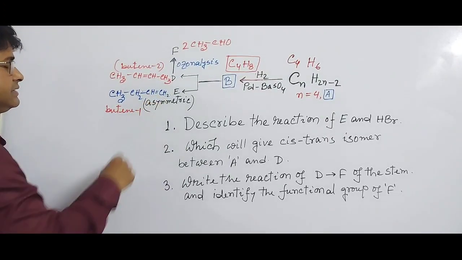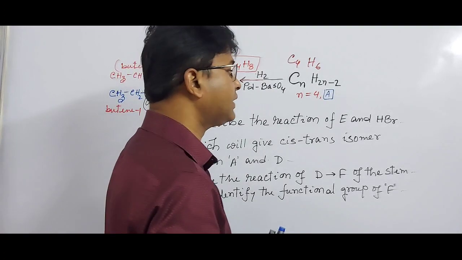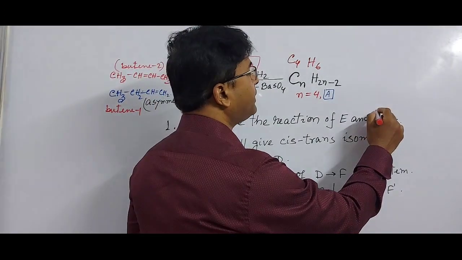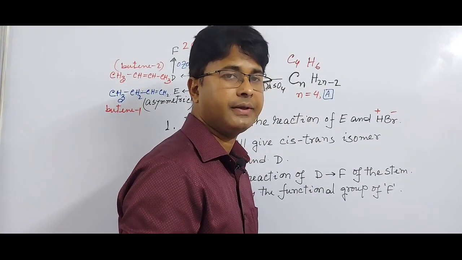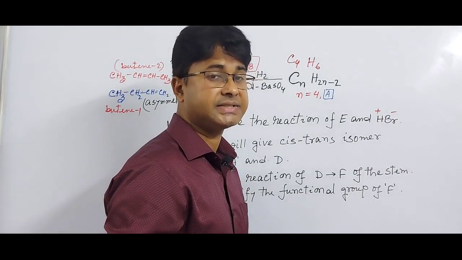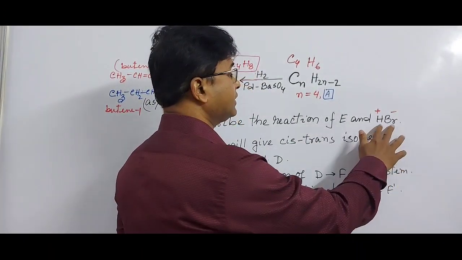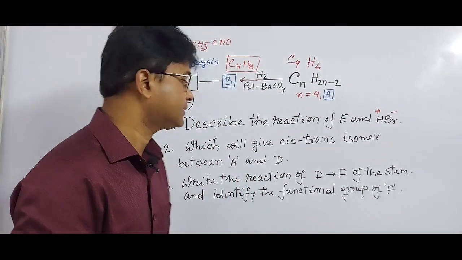That is why it is an asymmetric alkene. And hydrogen bromide contains a positive hydrogen and a negative bromide ion. I mean, their electric characteristics are different. That's why hydrogen bromide is also an asymmetric reagent.